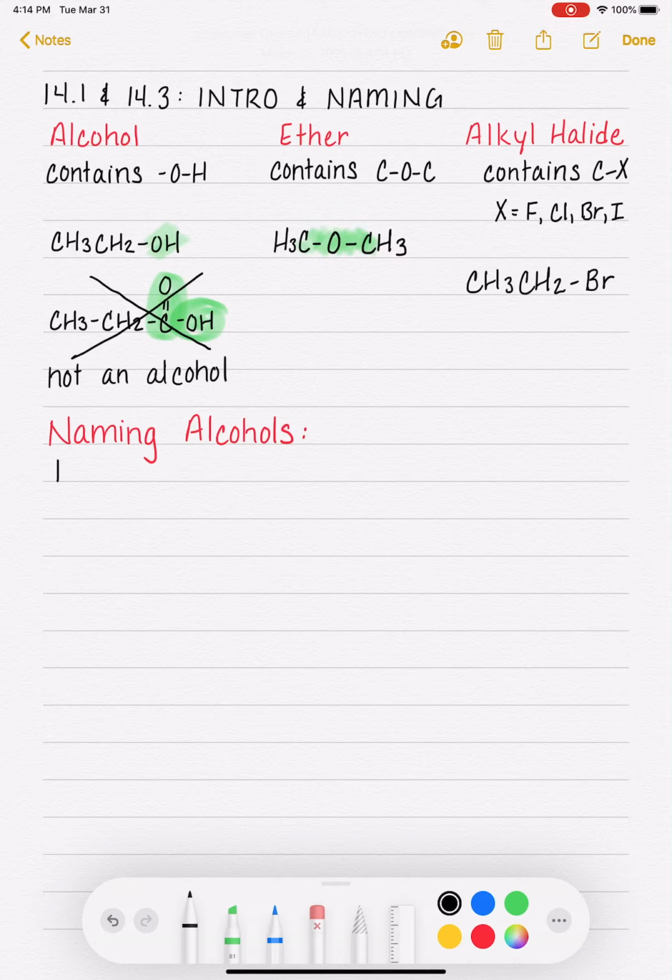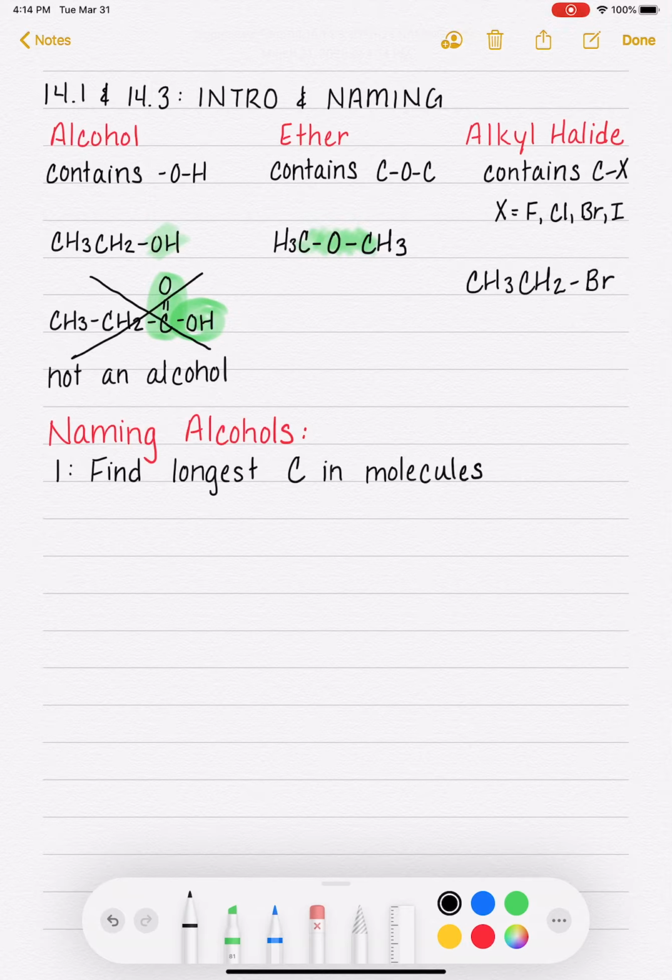And so, as you know by now, our first step always is to find the longest chain of carbons, the longest carbon chain in the molecule. Now, when we were learning how to name alkenes and alkynes, our job was not just find the longest carbon chain.